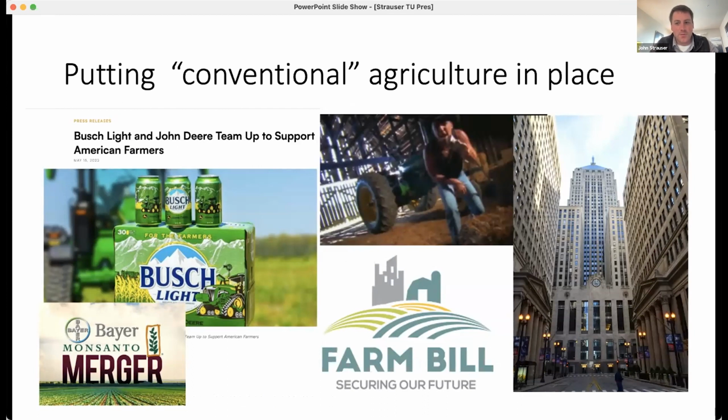I don't know if you went to a gas station this summer, you probably saw these John Deere tractor beers from Busch Light. You have entities like Bayer and Monsanto who provide immense amounts of research and financial support for a certain way of farming. You have things in popular culture here.